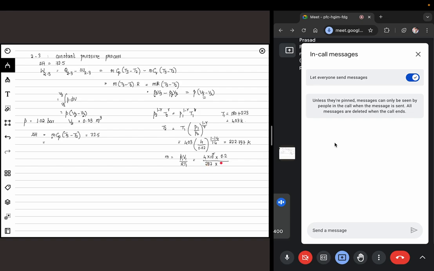times your temperature, initial temperature is 403. This gives me a mass of 0.69 kilograms. So if you substitute that back here, we would get a value of P3.